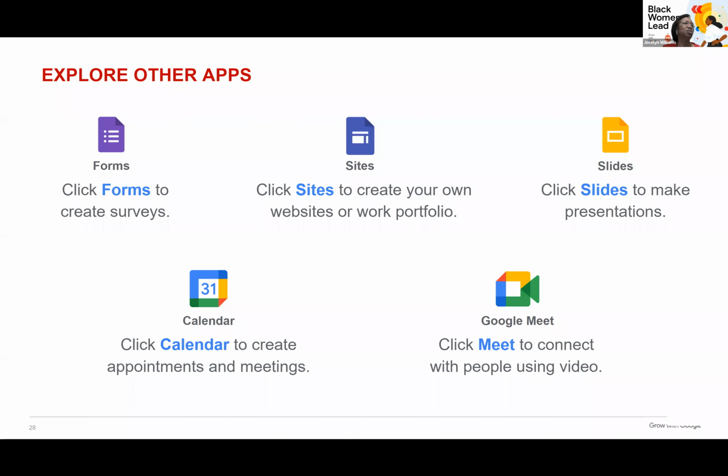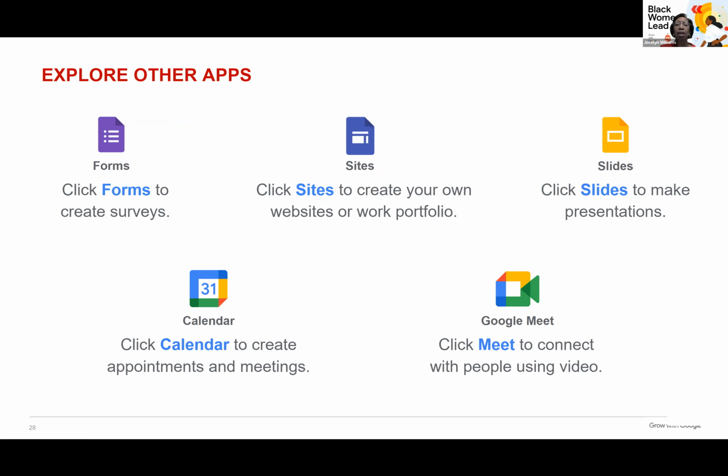work portfolios. Calendar, as I mentioned, Calendar is a Google app that I use every single day for appointments and meetings. And I can check my calendar from my phone, from my laptop, from my desktop, from any internet connection. I can check that calendar.